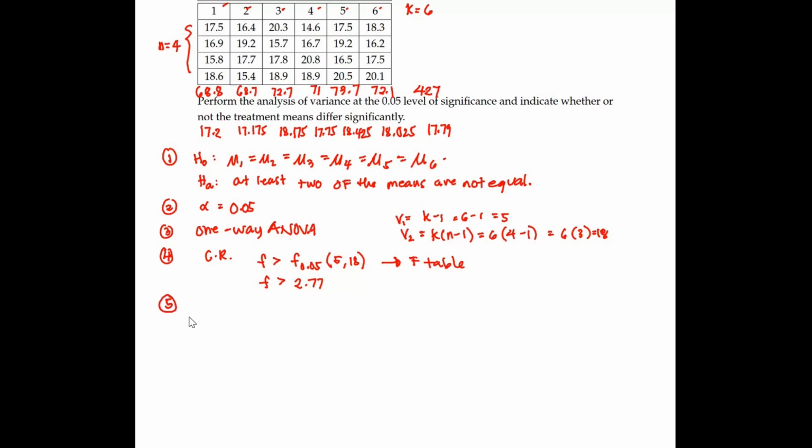So the fifth step is to complete the ANOVA table for one-way classification. So we have the source of variation, the sum of squares, the degrees of freedom, the mean squares, and the computed value of f.